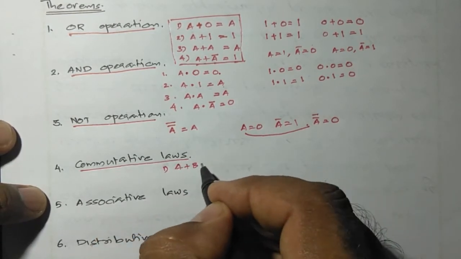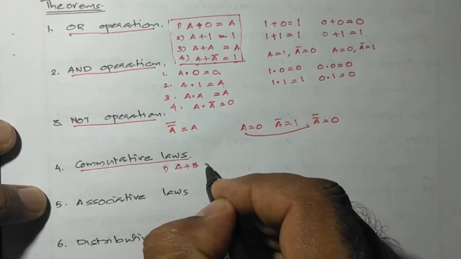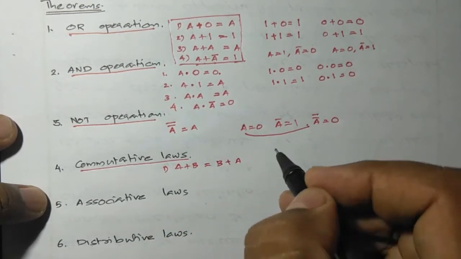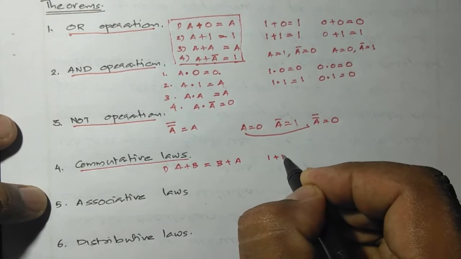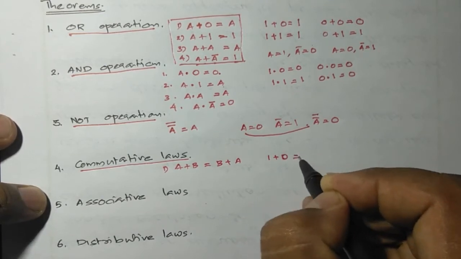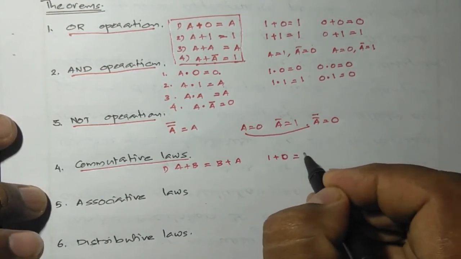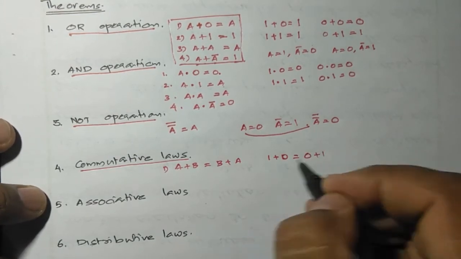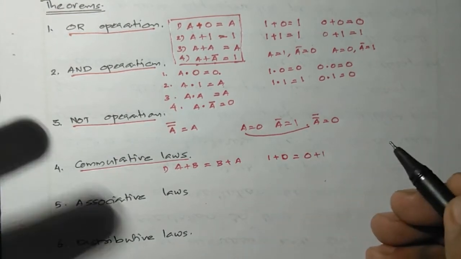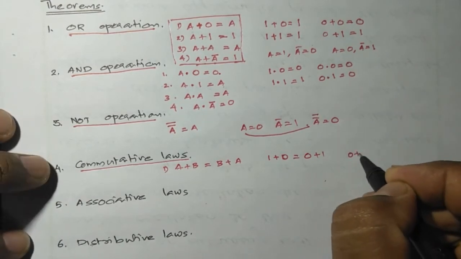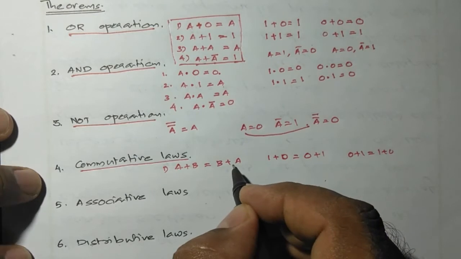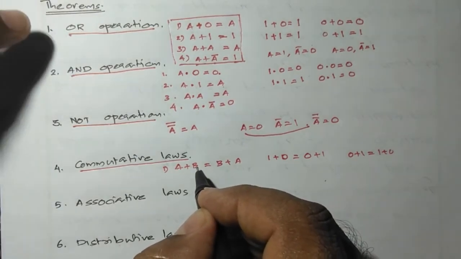A OR B equals B OR A. This means if A is 1 and B is 0, it is equivalent to writing 0 OR 1. 1 OR 0 equals 0 OR 1, or 0 OR 1 equals 1 OR 0. This is the commutative law over the OR operation.